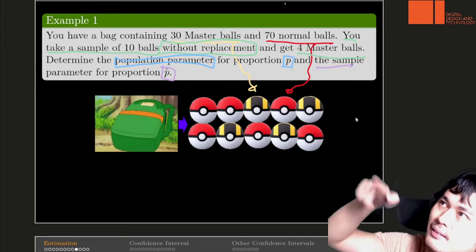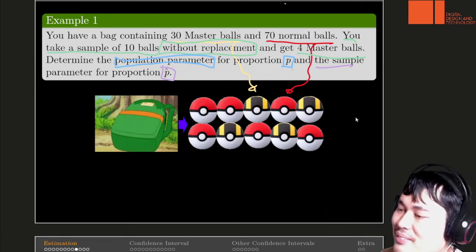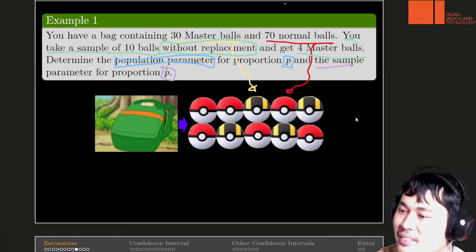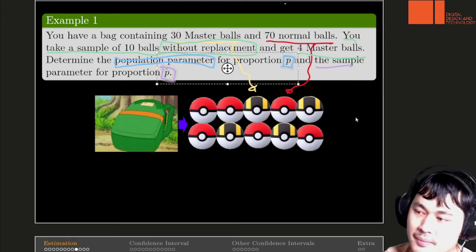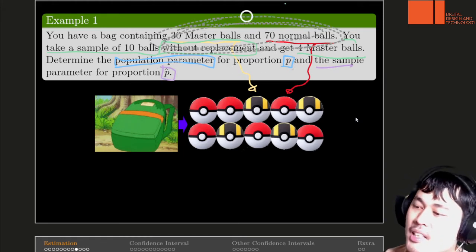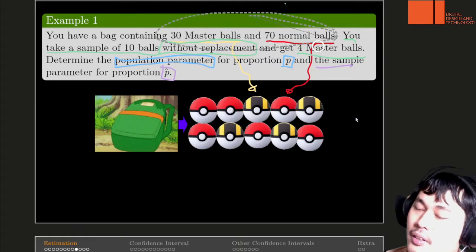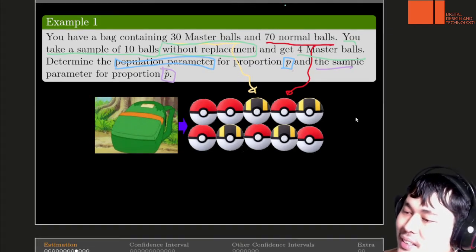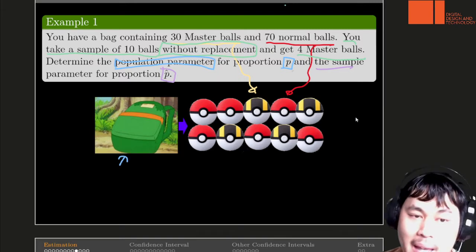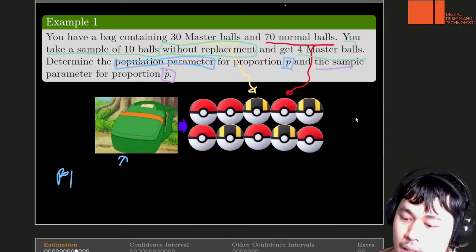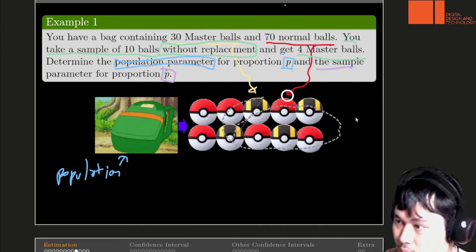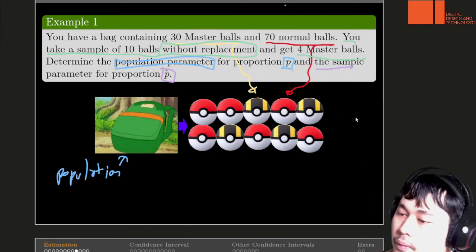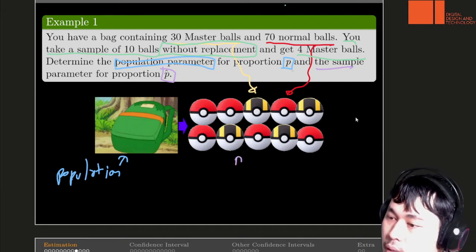The first number is the actual contents of the bag. We have everything, and this everything is the bag itself, which is the population. And what we get from the bag is the sample.